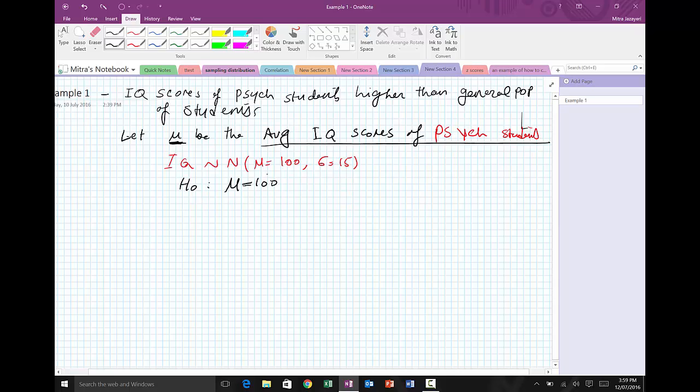For the alternative hypothesis, mu is larger than 100. We want enough evidence to reject the null hypothesis. We always work on reject null or haven't got enough evidence to reject null.